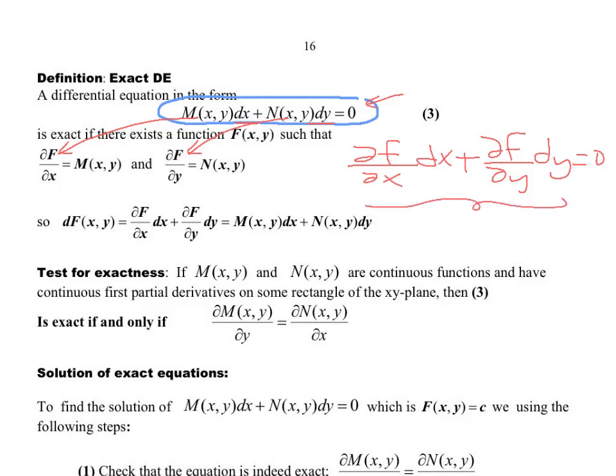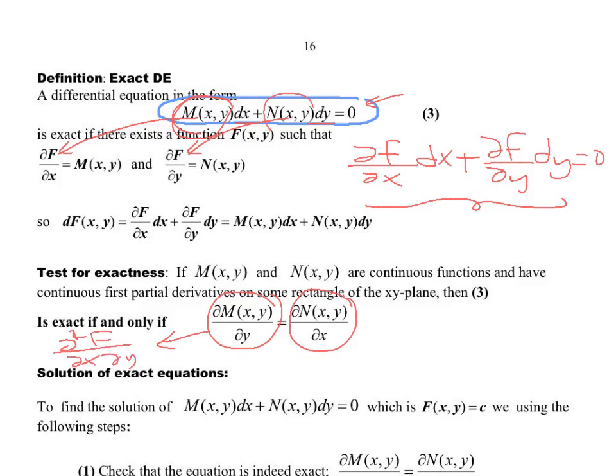We can check by differentiating M. If we differentiate M with respect to y and N with respect to x, and they are equal, then we say it is exact. Because when you find the derivative of M with respect to y, you are finding the second derivative of f, xy.